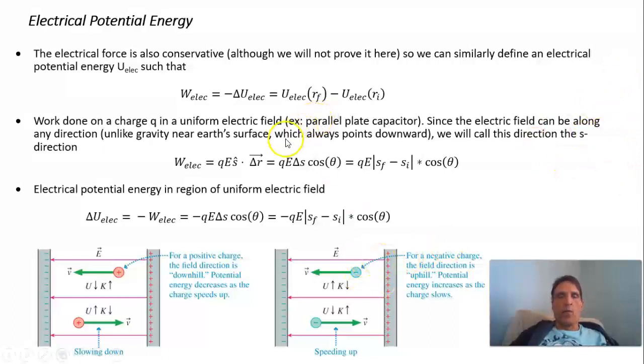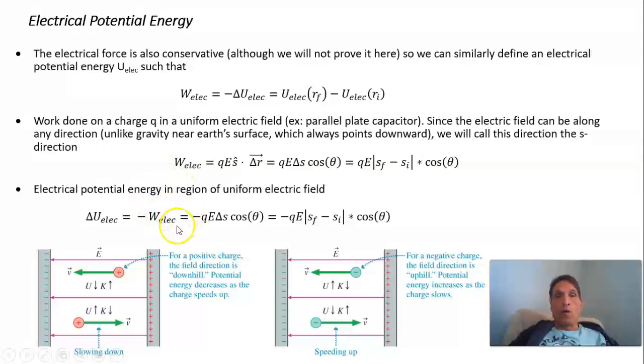And the work done by the electric field, if the electric field is along the S direction, some arbitrary direction, is equal to the force, which is Q times E, dotted with delta R. And remember, that's just equal to the magnitude of Q, the magnitude of E, times delta S cosine of theta. Okay, and that's equal to QE times delta S, the magnitude of S final minus S initial.